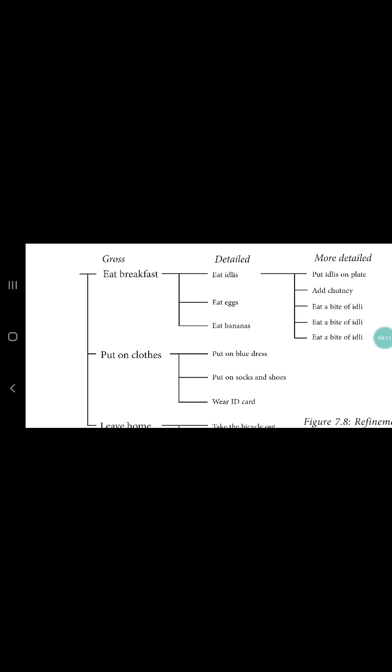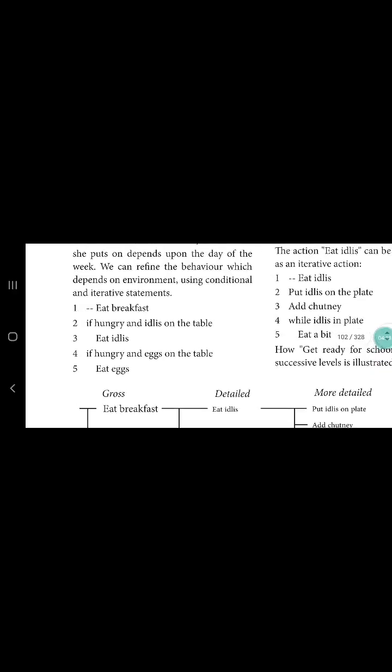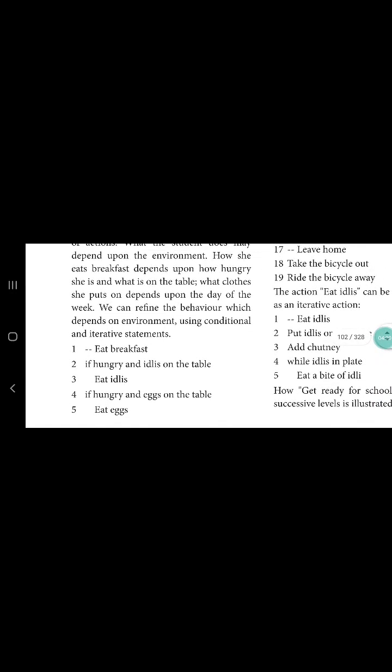Like that, for everything, detailed and more detailed information will be there. Some conditions can also apply to eat breakfast: if hungry and idlis on the table, then only eat idlis. If you are not hungry, then we can have some other thing.